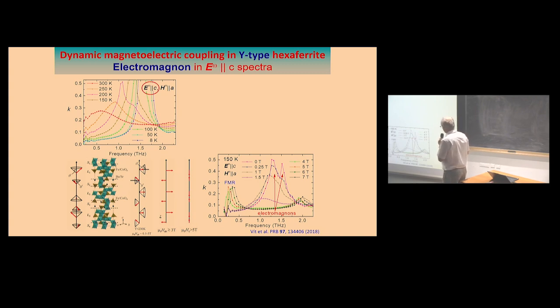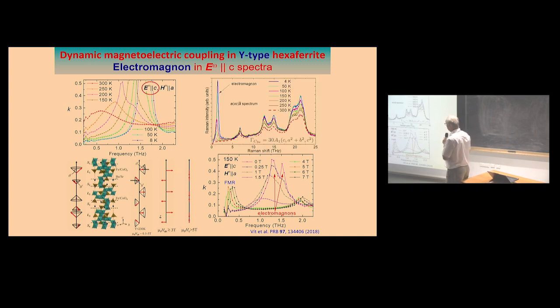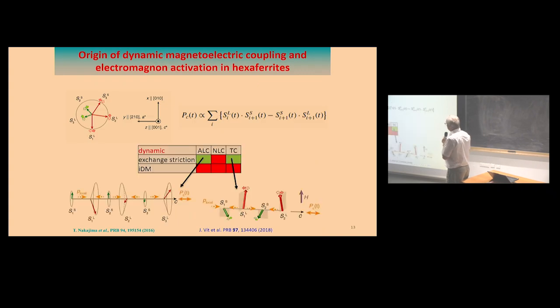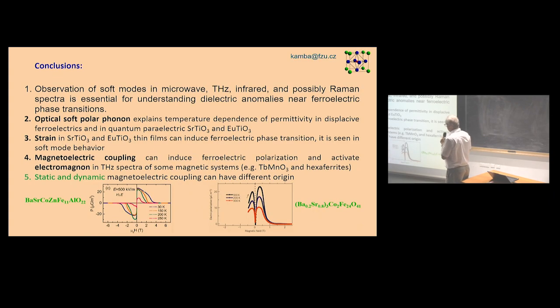So you change the magnetic structure and you kill the activation of the electromagnon. But here, ferromagnetic resonance goes from the microwave range without magnetic field to 300 gigahertz with a magnetic field of, let's say, 7 Tesla. The electromagnon has its origin in exchange striction in this alternating longitudinal conical structure or transverse conical structure.